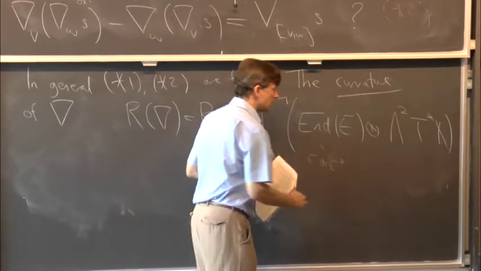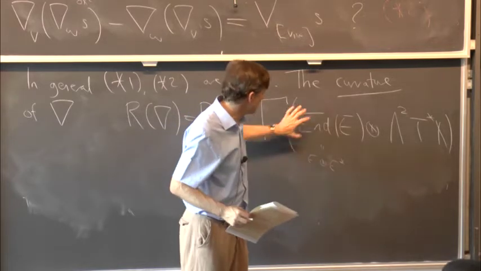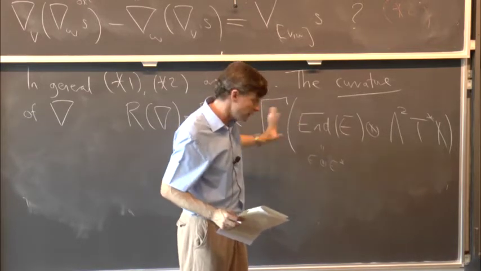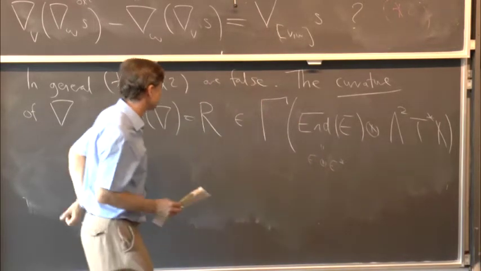But I'm thinking about this as the bundle of endomorphisms of E, of linear maps from E to itself.